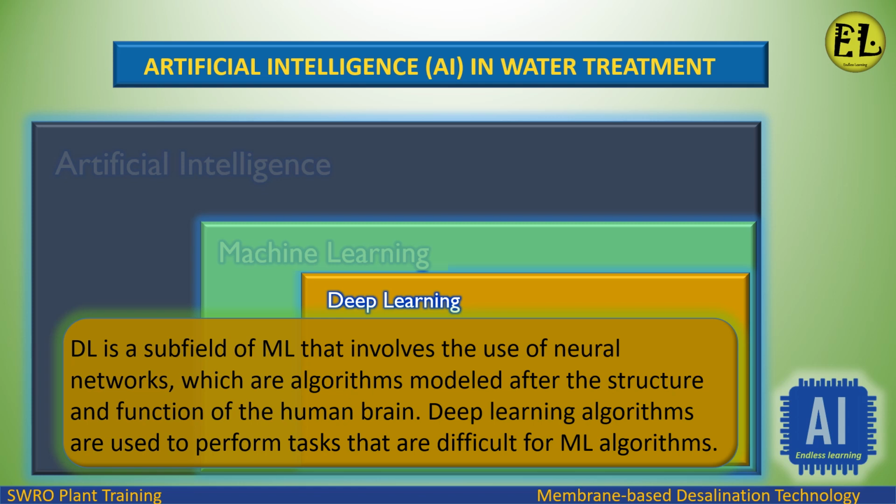DL is a subfield of machine learning that involves the use of neural networks, which are algorithms modeled after the structure and function of the human brain. Deep learning algorithms are used to perform tasks that are difficult for ML algorithms.